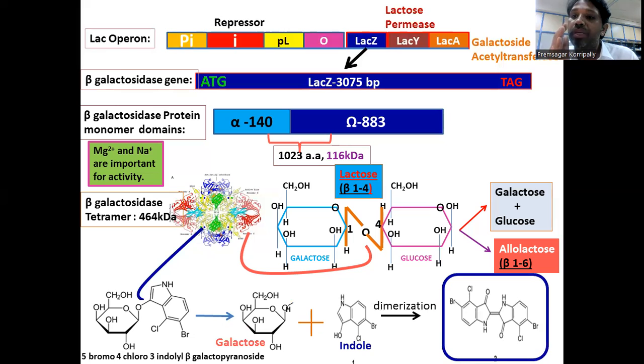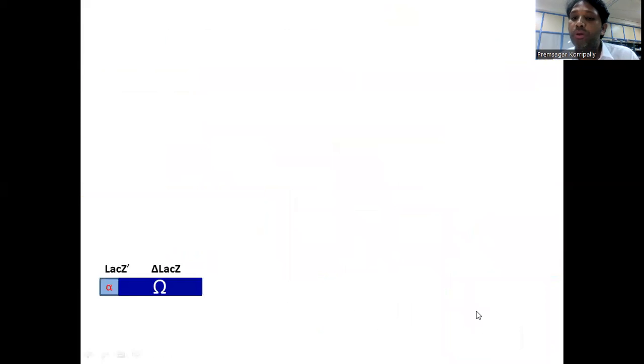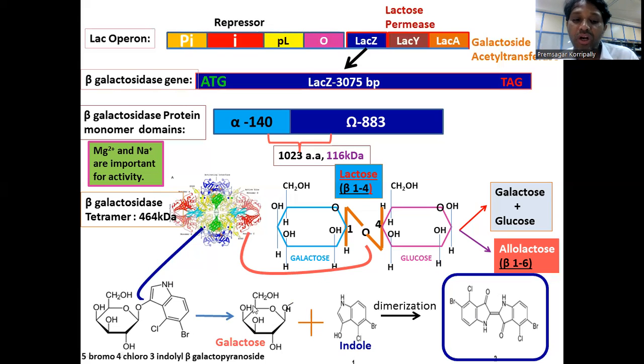So whenever you grow E. coli in a lactose media, and if you supply the X-gal, the colonies look blue in color because it can break down the 5-bromo 4-chloro 3-indolyl galactopyranoside into galactose and indole molecules. The free indole molecule is dimerized and forms a blue color compound. So this X-gal is used in the selection of recombinants.